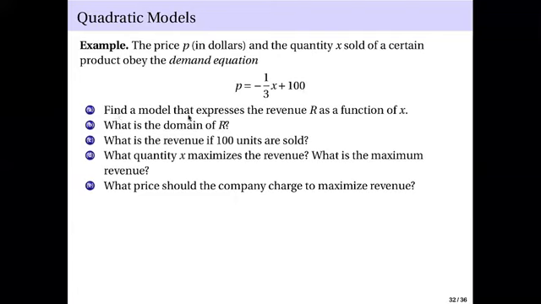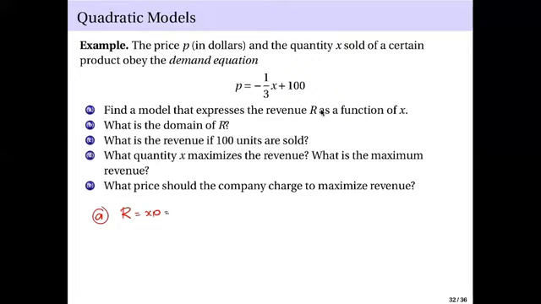Letter A, find a model that expresses the revenue R as a function of X. For letter A, the revenue, according to the definition from the previous slide, is just XP.